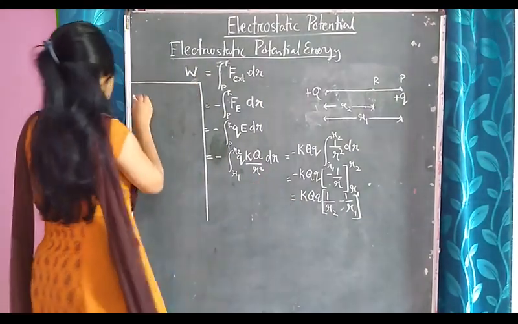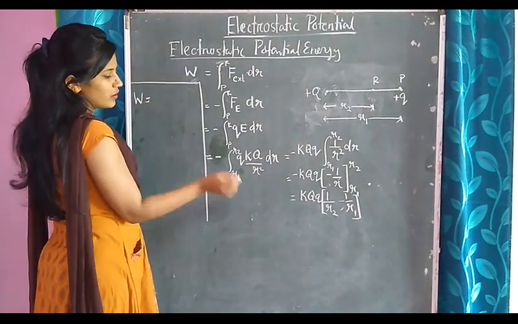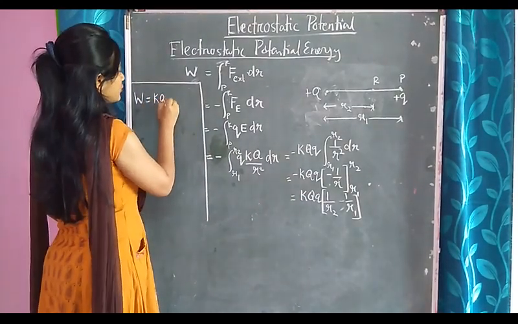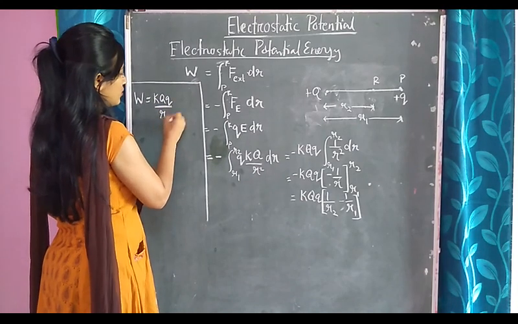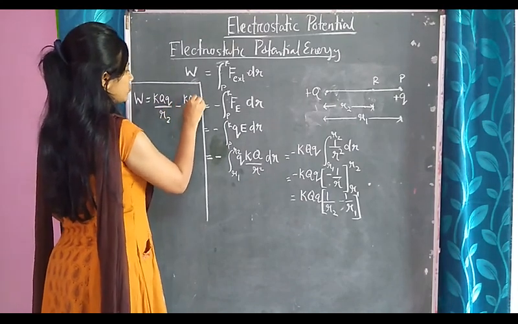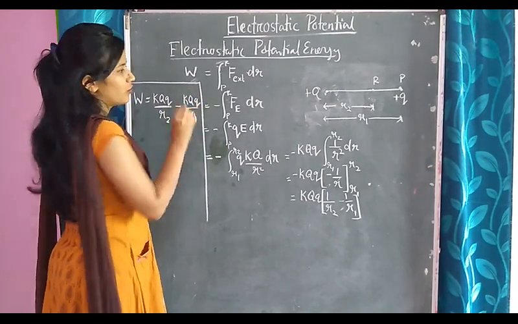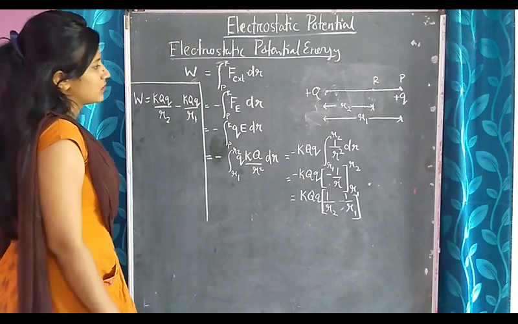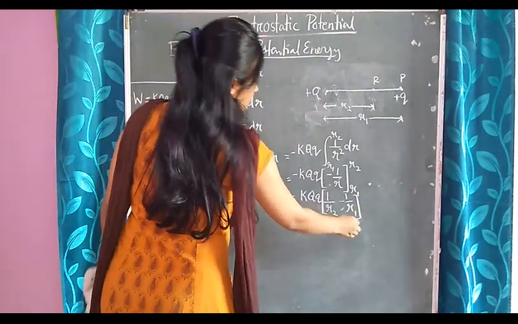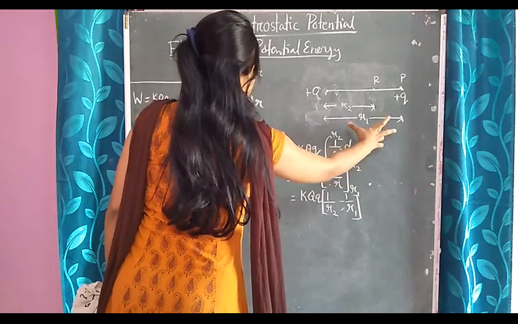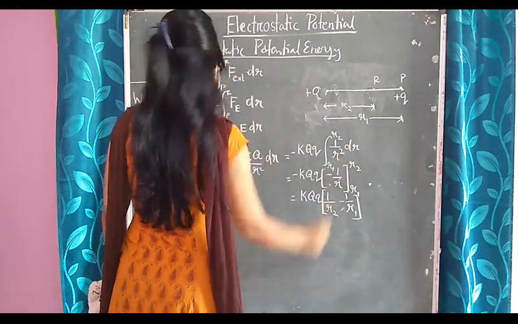So W becomes equal to KQQ by R2 minus KQQ by R1.